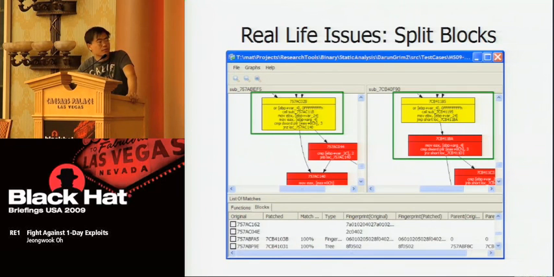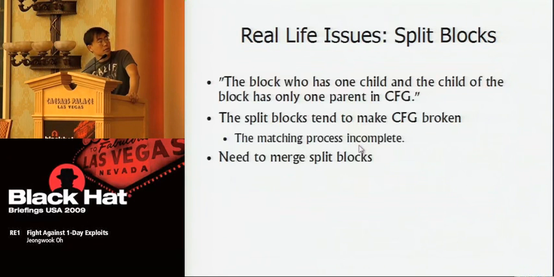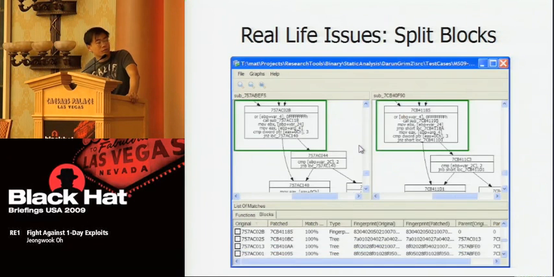If you look more closely at the left and right, you can see that this part here is just a jump instruction. It's just going here. So maybe you can just merge them. And if you merge them, then the result will be like this. They will be recognized as the same, and we will do more structure-based analysis, and all the red blocks became white blocks, which means they are matched.